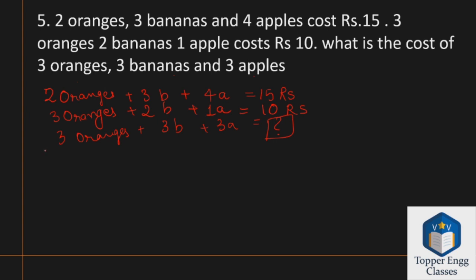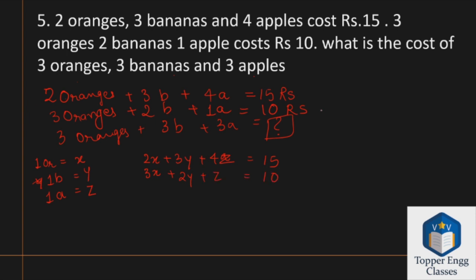Let the price of 1 orange be x, the price of 1 banana be y, and the price of 1 apple be z. Thus it will become 2x plus 3y plus 4z equals 15, and 3x plus 2y plus z equals 10.